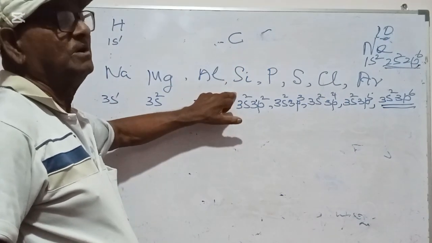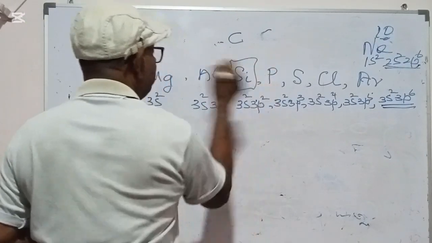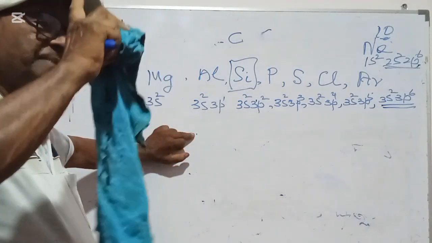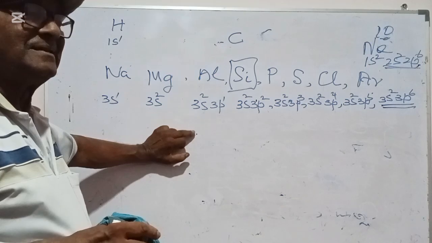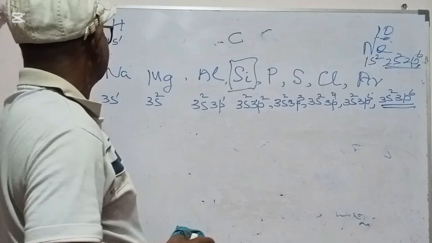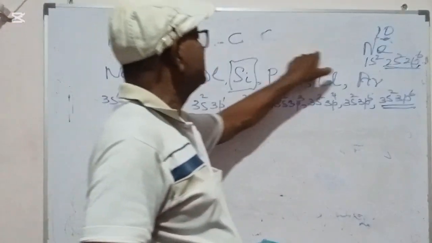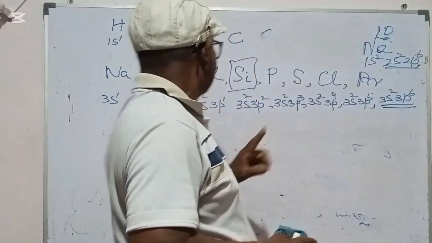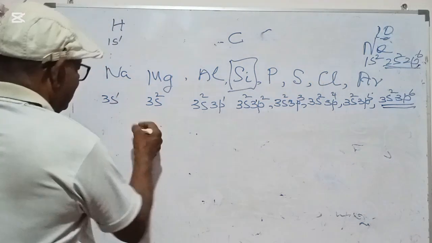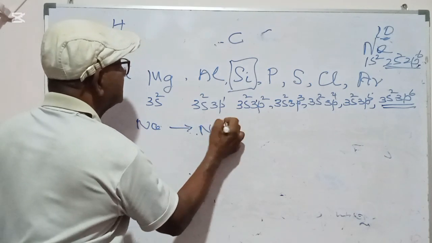Similarly, silicon also behaves like carbon. So except silicon, you can now decide which elements are going to form positive ions: on the left side, sodium, magnesium, aluminium. They try to gain the configuration of neon. Then sodium should remove the 3s1 electron. Then I write here Na forms Na plus.